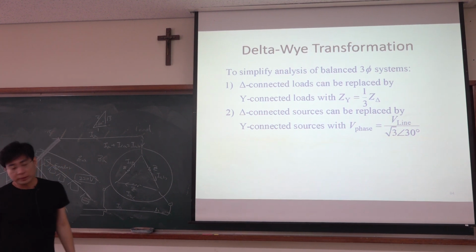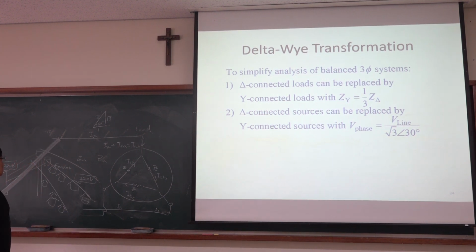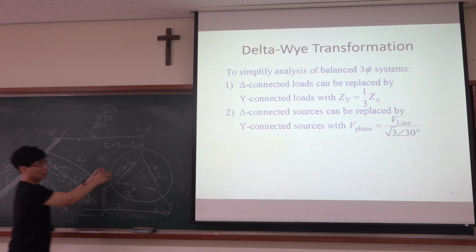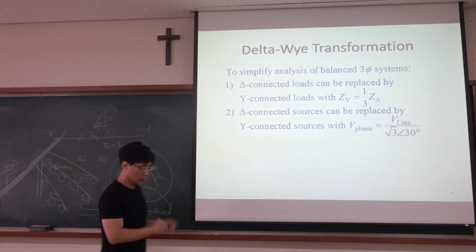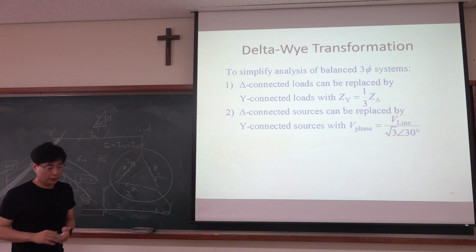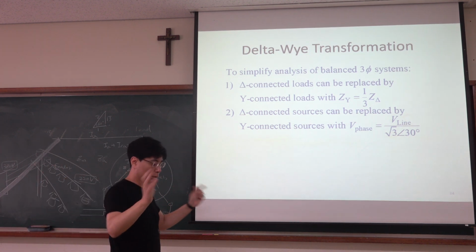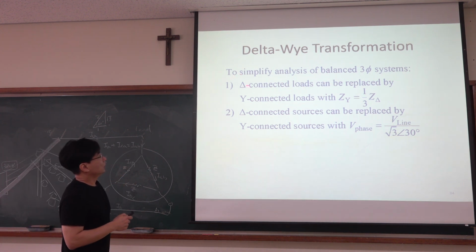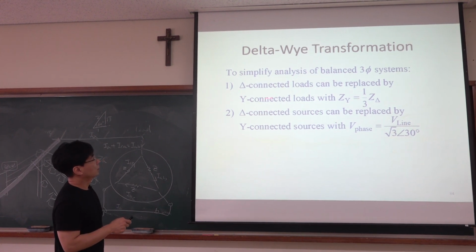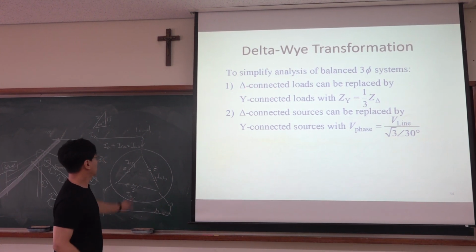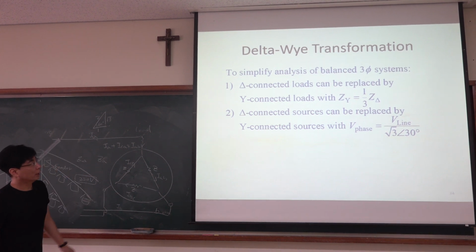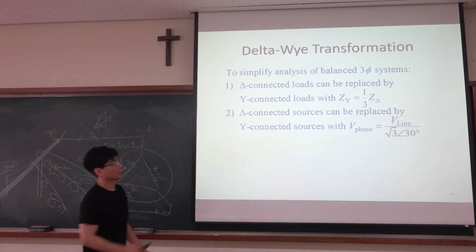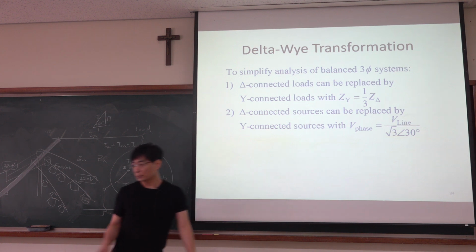Delta-Y transformation. We have a Y connection at the source side and a delta connection at the load side, but to make the analysis easy, you need to convert delta to Y or Y to delta, depending on the situation. To simplify analysis of a balanced three-phase system, a delta-connected load can be replaced by a Y-connected load, and this is the formula.